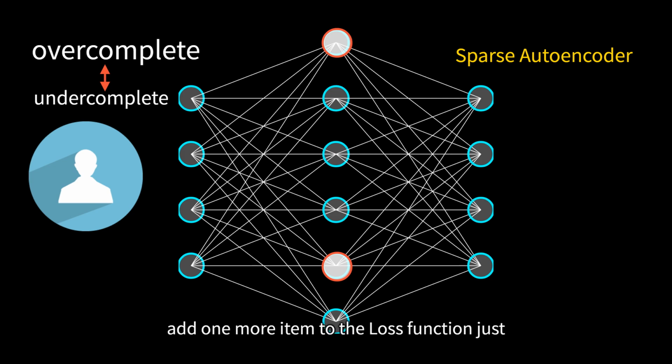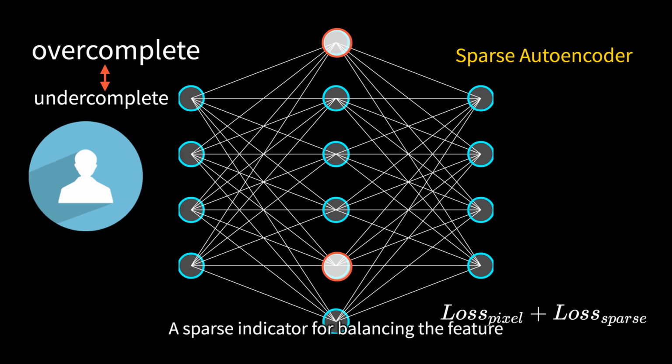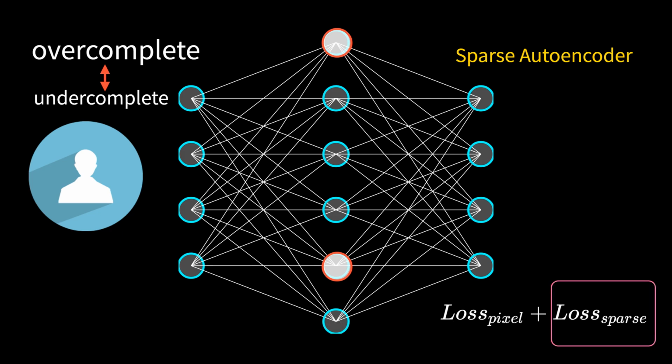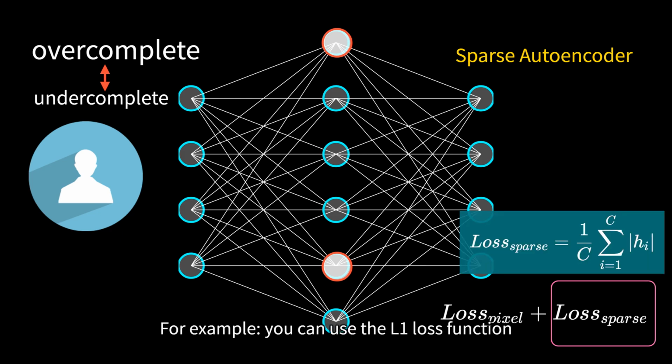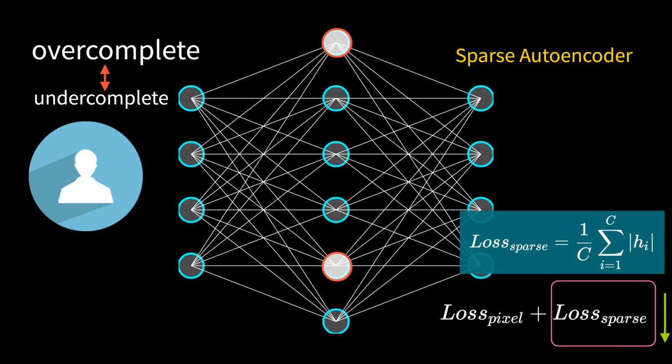That is, add one more item to the loss function just now: a sparsity indicator for balancing the feature vectors of the intermediate layers. So, how do we guarantee sparseness? For example, you can use the L1 loss function. Minimizing it during training will make it as sparse as possible.